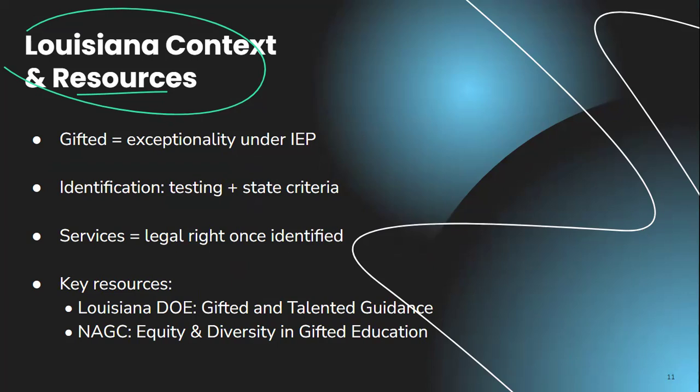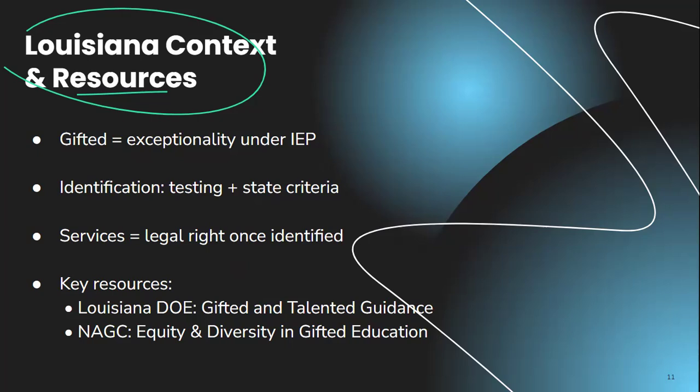So let's talk a little bit more about the Louisiana context. In Louisiana, gifted students receive those services through the IEP, as we mentioned, and identification is critical. The process usually involves, as we stated before, a standardized test and some additional criteria.